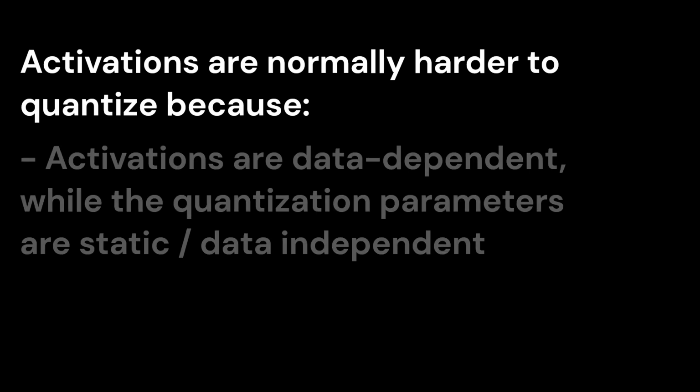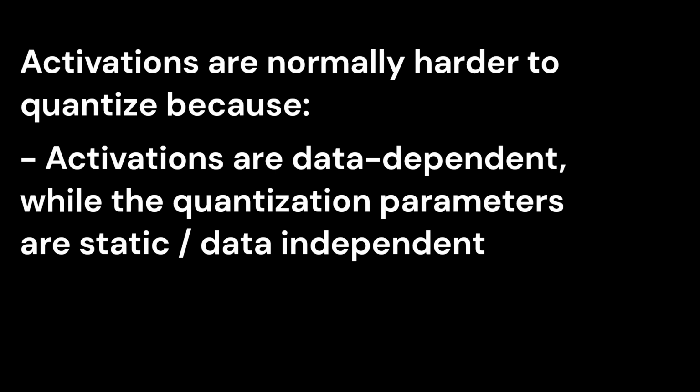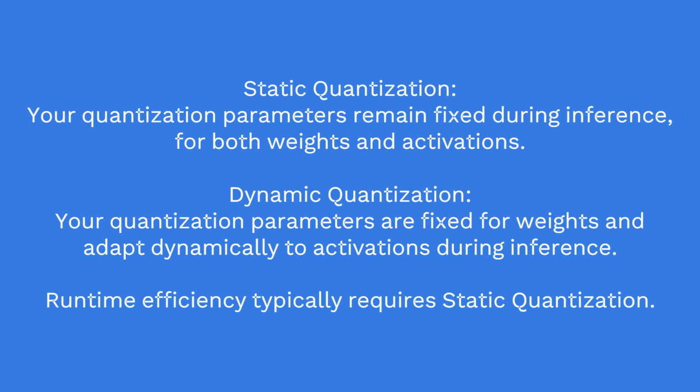One, because activations are data dependent, so no matter what data you feed through the network, you need to use the same quantization parameters if you're doing what is called static quantization, which typically you need to do for runtime reasons. There's also something called dynamic quantization, but that typically isn't feasible if you're trying to get all of the benefits of int8.